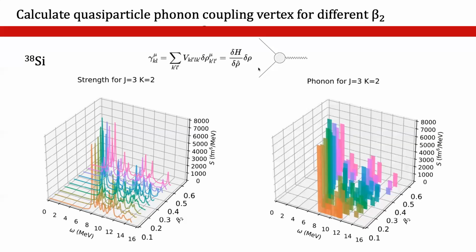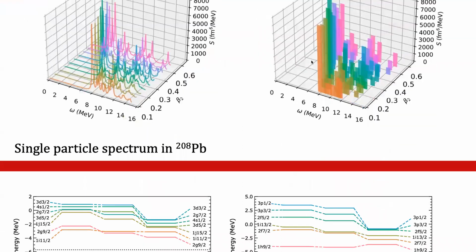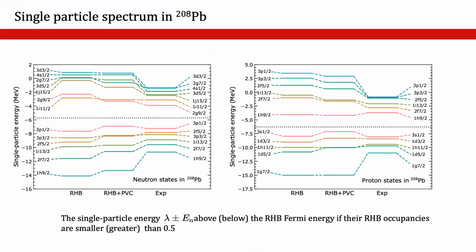That means we need to calculate the transition strength first, at the peak, where the particles emit and absorb the phonons with rather high probabilities. We calculate this vertex and get new interactions, new vertex.